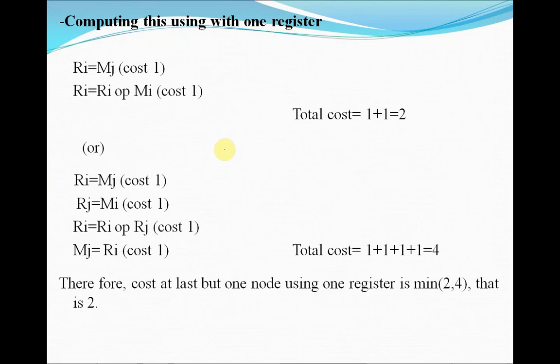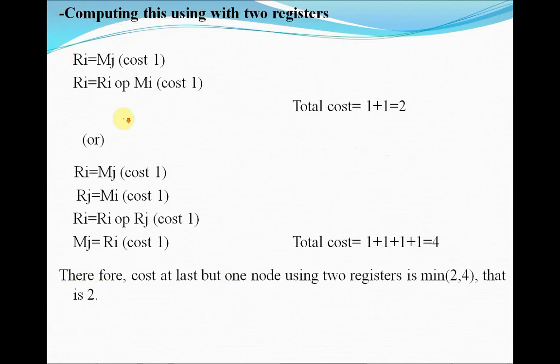See here, the second category is computing with 1 register. Here I have 2 options. If I go through option 1, the cost will be 2. If I go through option 2, the cost will be 4. I take the minimum of 2 and 4, whose value is 2.